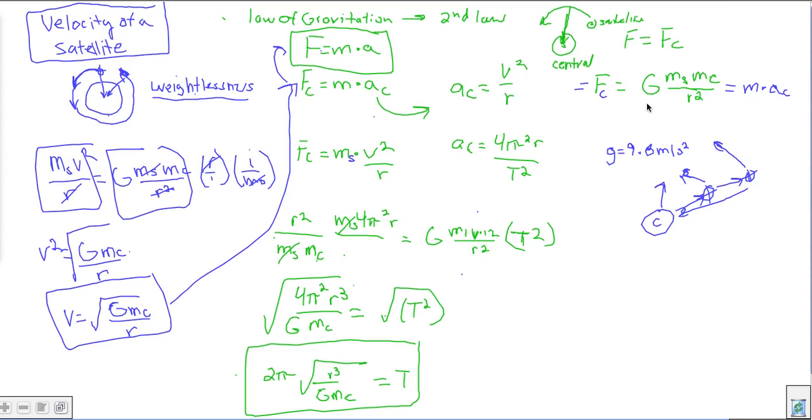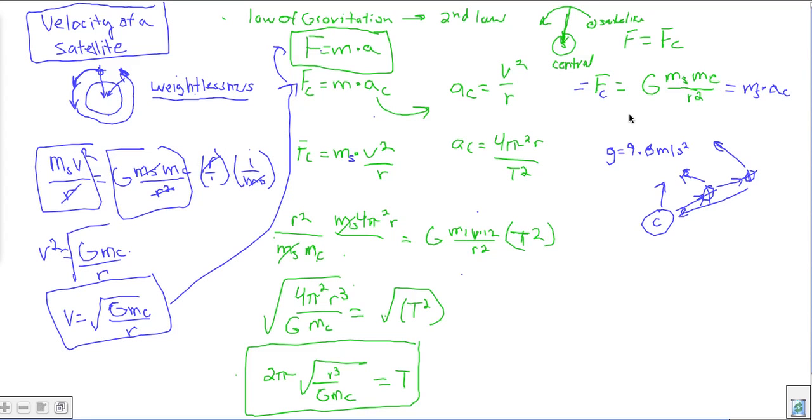So the centripetal force equals the gravitational equation that Newton came up with, and it also equals the mass times the centripetal acceleration. This is the mass of the satellite.